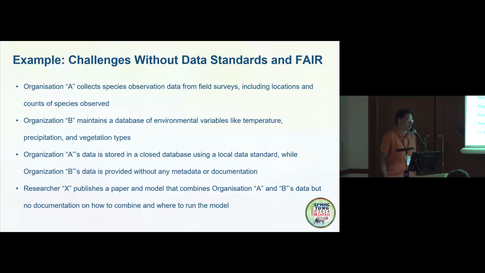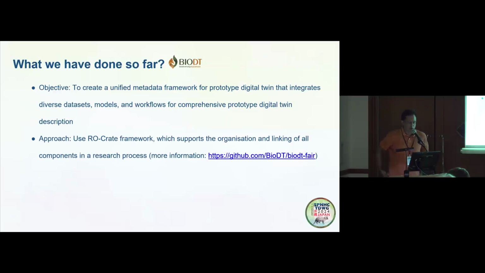Oftentimes we have seen that somebody publishes a paper and a model combines this data, but there's no documentation on how to use it, and that does not help with reusability. These are things we have encountered in some of our use cases, and we're also trying to create awareness to make sure people understand. Again, this is nothing unique to digital twins, but as we add these things, the complexity is getting more and more.